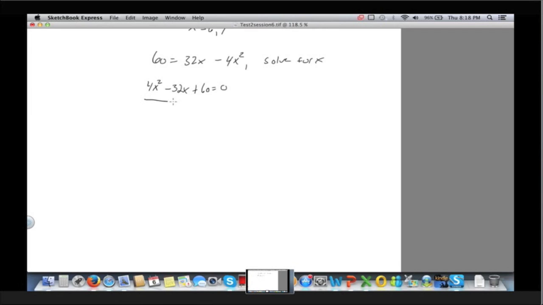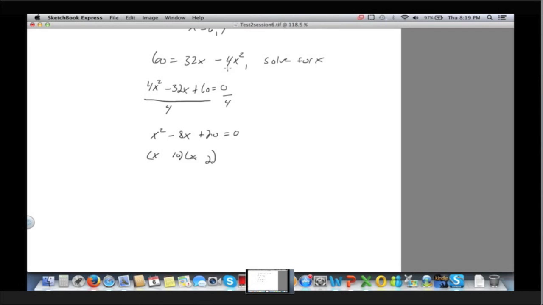So now we can divide both sides by 4. And we get x squared minus 3x plus 20. And now we can reverse FOIL this. Trying to get negative 8x and plus 20.